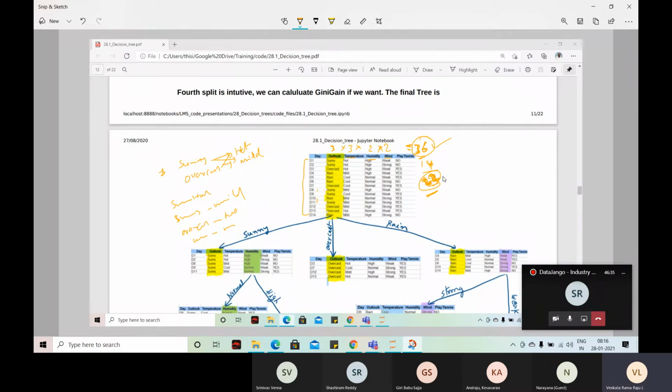So some combinations out of these 22 may not be possible, but there may be 3 or 4 combinations which may be possible, which may occur in production or test. On those records, the model will fail because the tree is built using only 14 combinations. For all these 14 combinations, this model will work very well. For the missing 4-5 combinations, the model may not work. That is called overfitting. Got it?